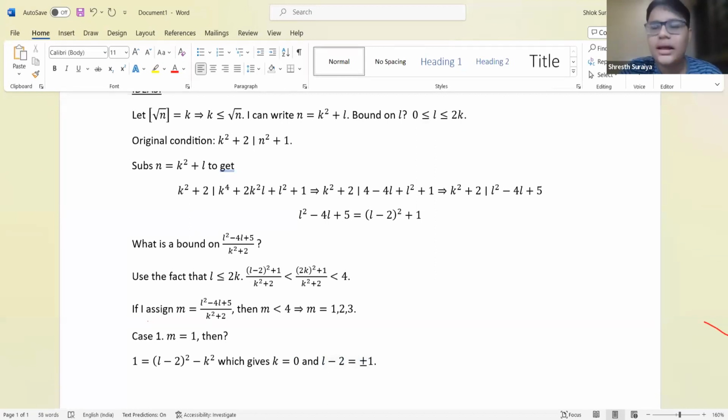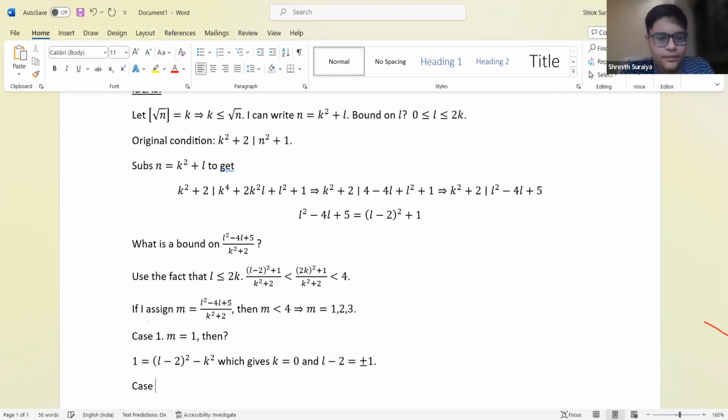So you get l equal to 1 and, sorry, 1 and 3. Thank you, Martin, for this case.